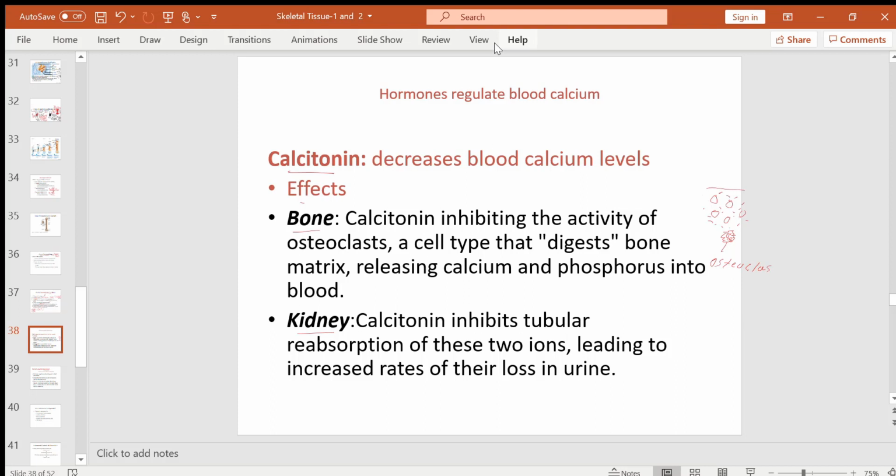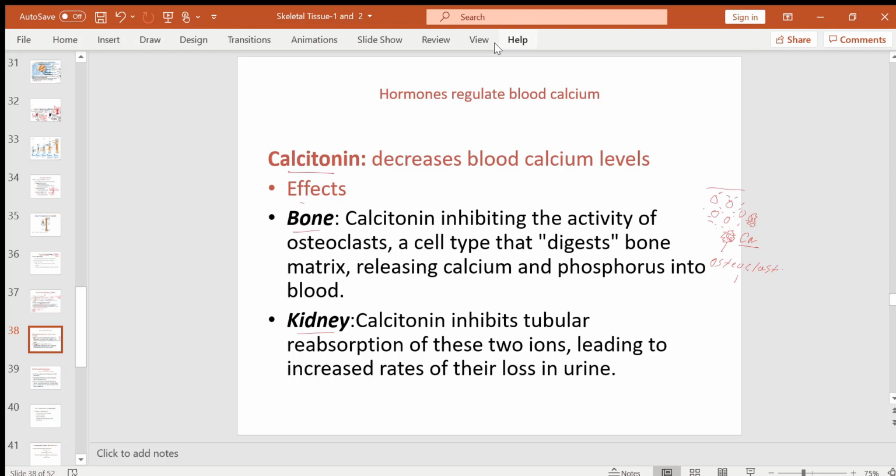So osteoclasts are present in the bone. So these osteoclasts love to do what? Destroy the matrix. You already know that. And the matrix has a lot of calcium, right? Calcium phosphate is heavily stored in the matrix, right?